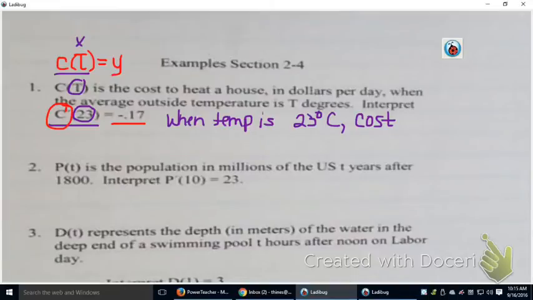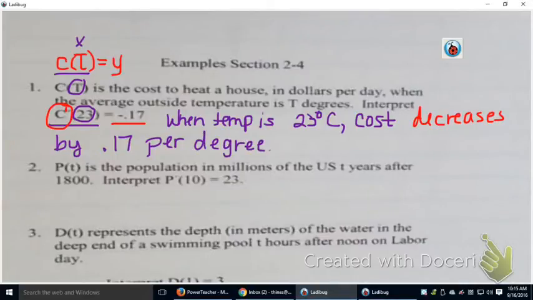That means that cost is decreasing. Since there's a negative in front of it, that means that cost is decreasing. So whatever y is decreases by 0.17 per whatever x represents. So since we're talking about degrees, that means per degree.